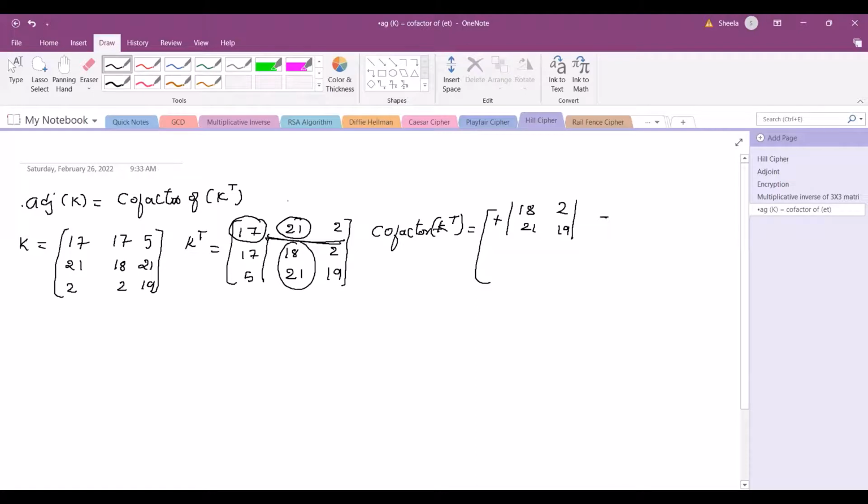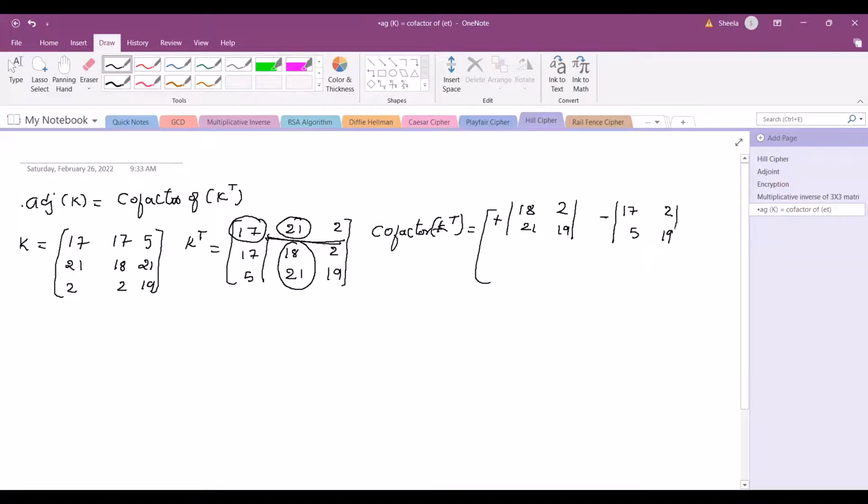As a result, we consider the submatrix: the determinant of 17, 2, 5, and 19.